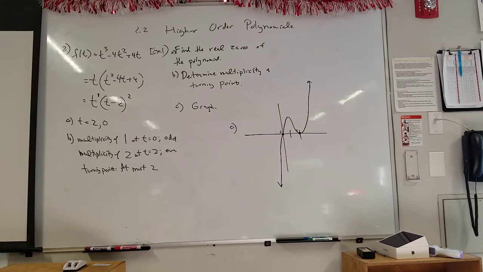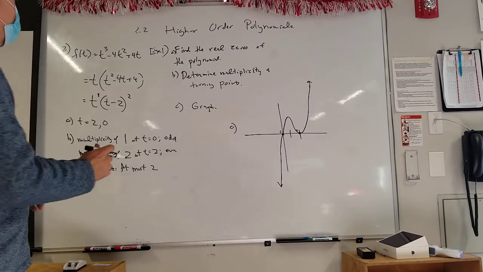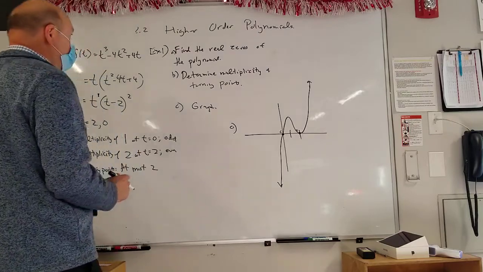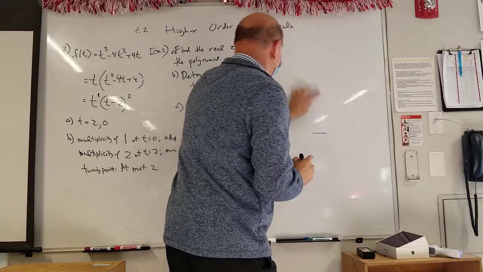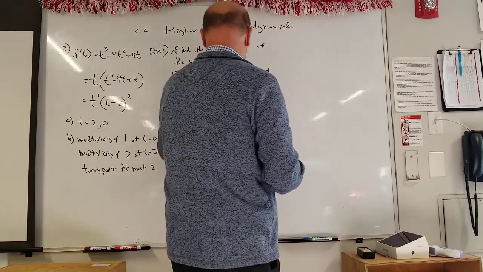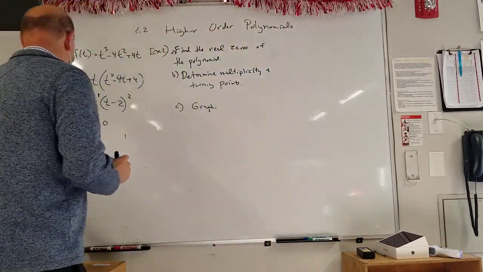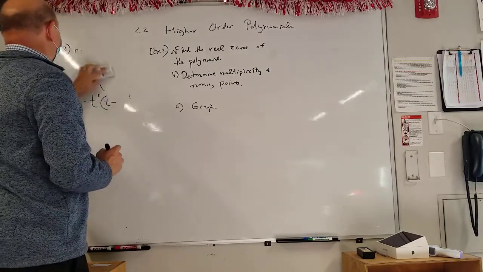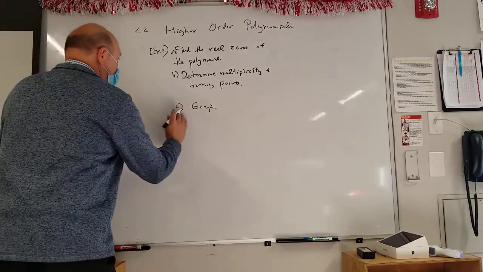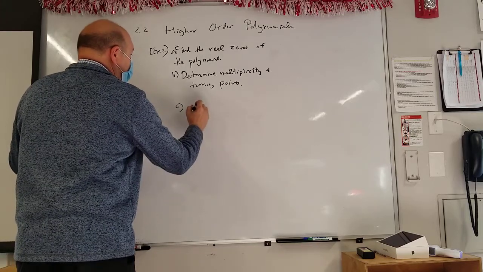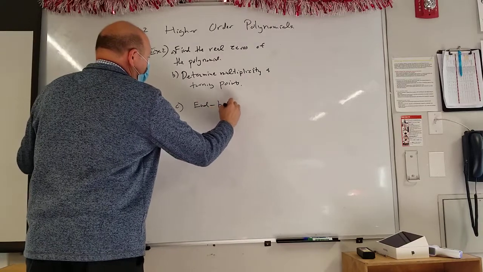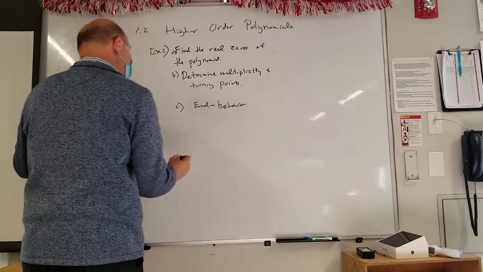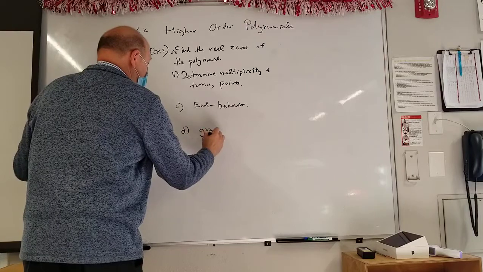Okay, one more problem. Still the same stuff. I'm going to add one more, so this would be 2. Change it up a little bit here, guys. Ready? Exercise 2. I'm going to add one more little piece to it here. I could have added it earlier. So D, this one's going to be end behavior, and then D is for graphing.